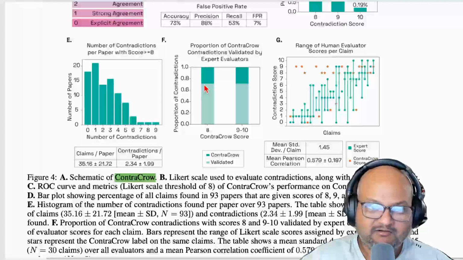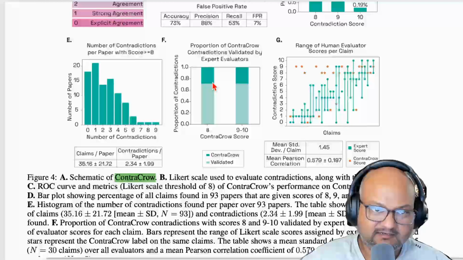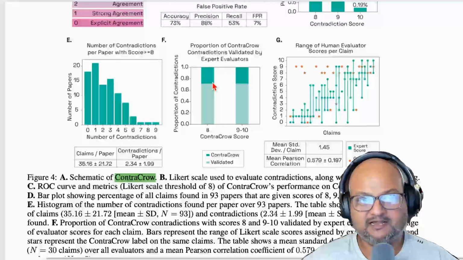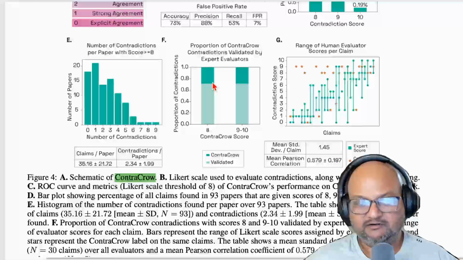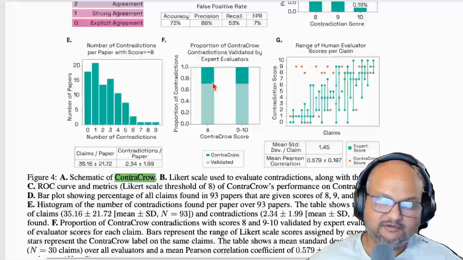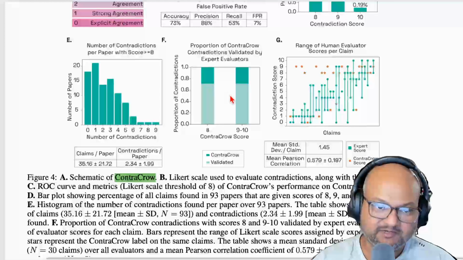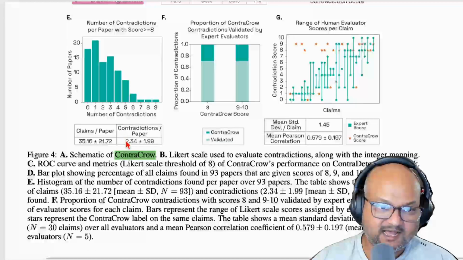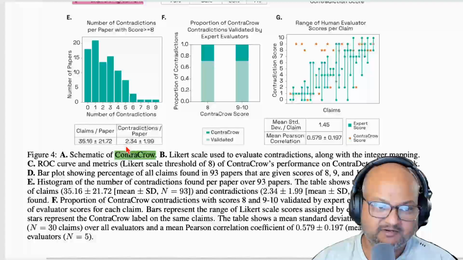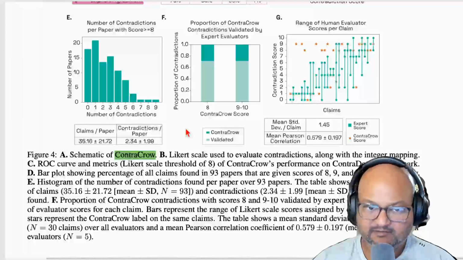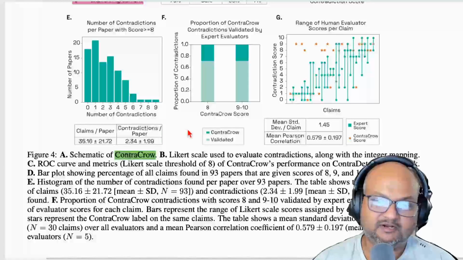And it's about 70%, which when you look at these kinds of systems where you try to find agreement between human evaluators and systems, that is a pretty high degree of agreement between the two. And the average contradictions per paper was about 2.3. So it did find a fair amount of contradictions in this body of work.